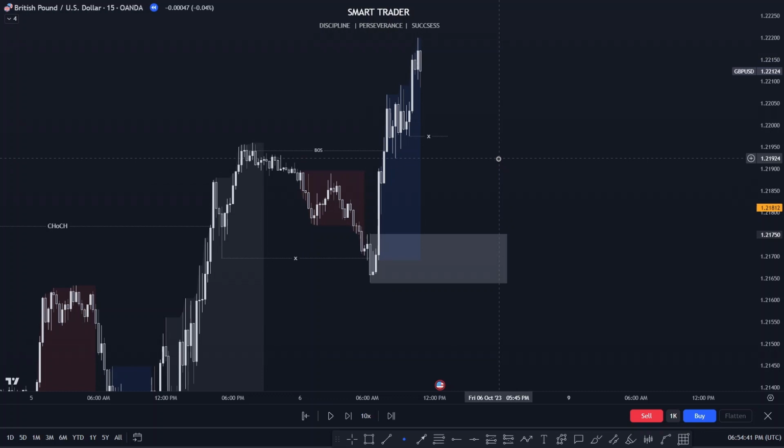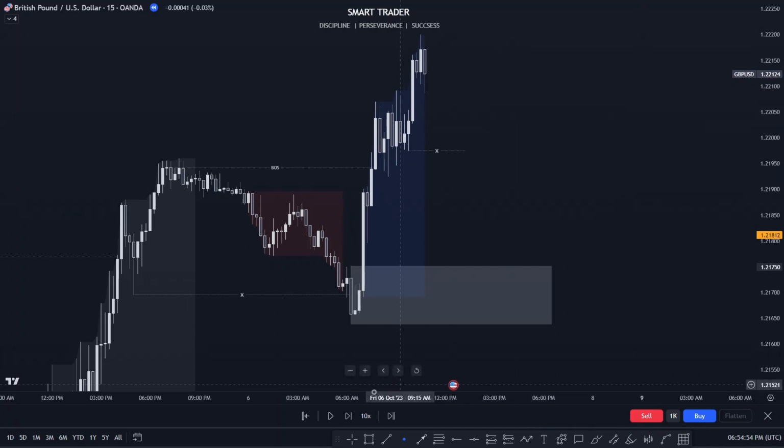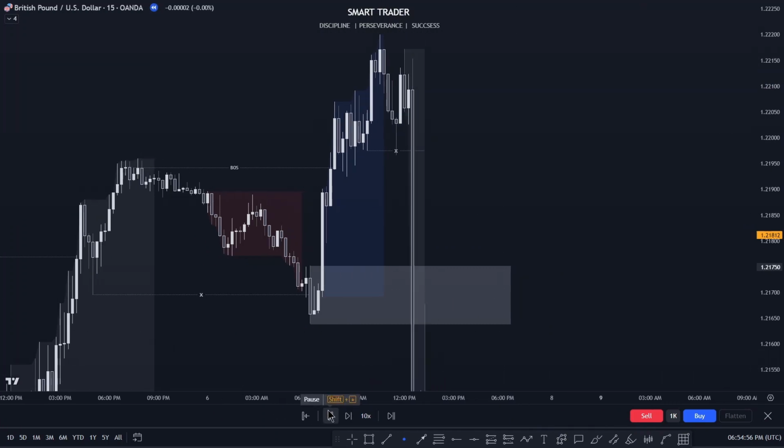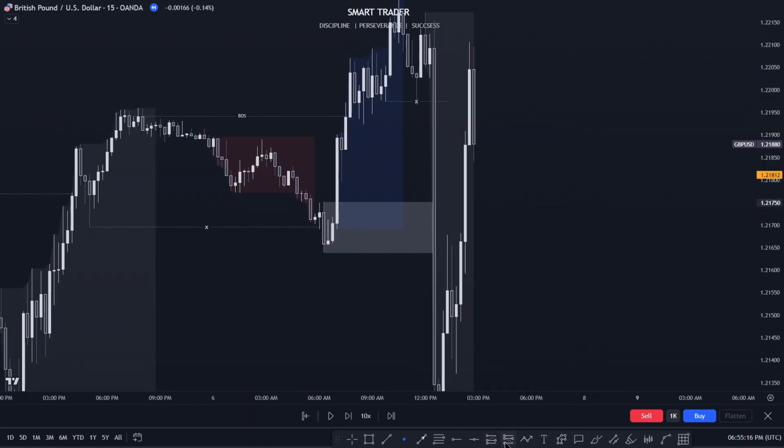And it doesn't mean that your strategy doesn't work. It is simply because in this high impact news, the market is really volatile, and it respects absolutely nothing, in fact. So you see that after that, the market has just broken our extreme order block like a piece of shit.